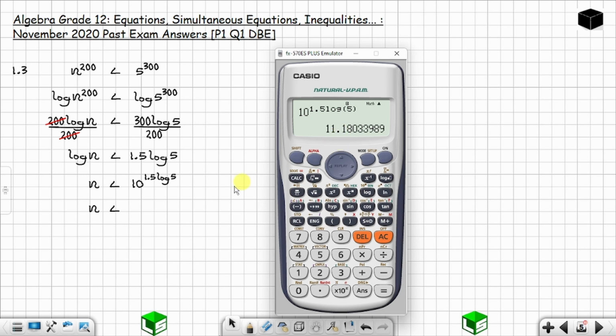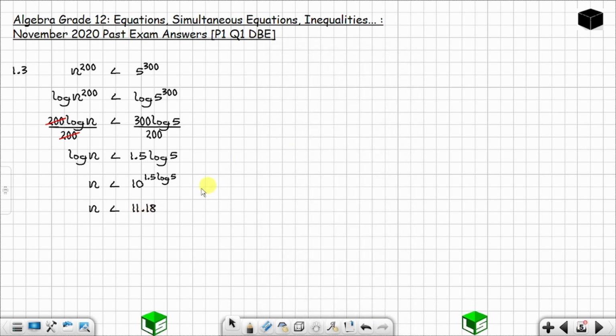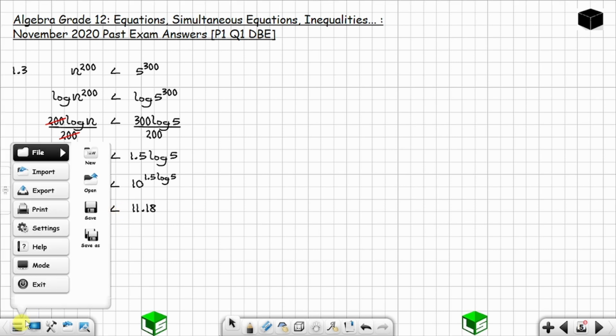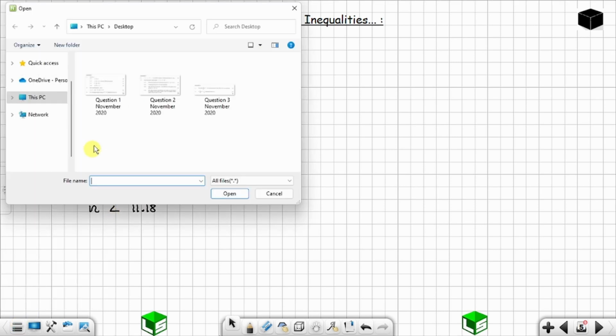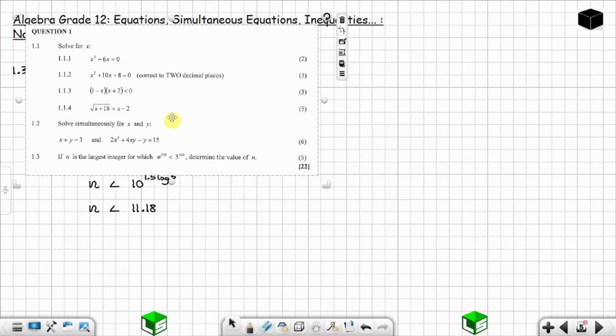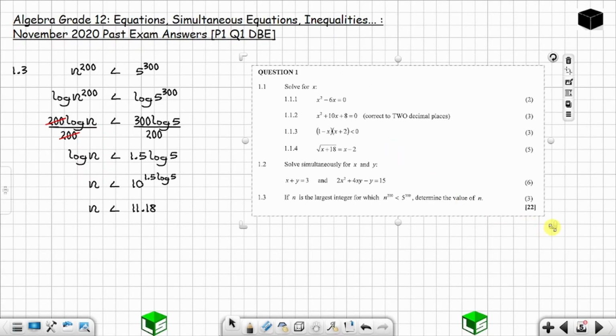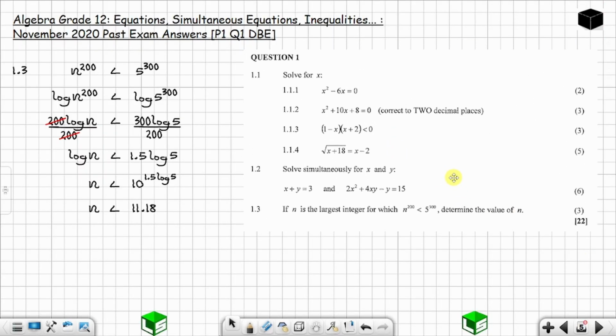This is equal to 11.18. Remember, the question says n is the largest integer for which this is valid.